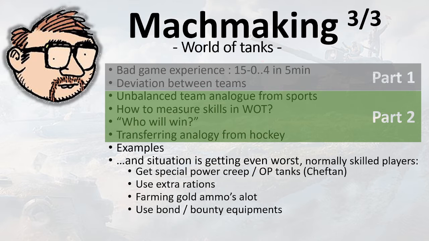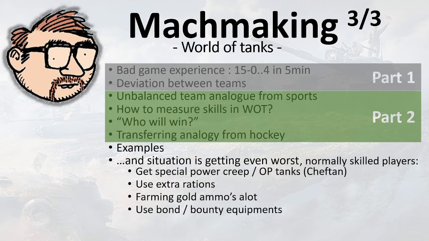And when they have collected, for example, 10,000 bonds, do they spend them on a couple of equipments, or do they spend them to get that first or second premium vehicle they are looking for? The answer is pretty clear.